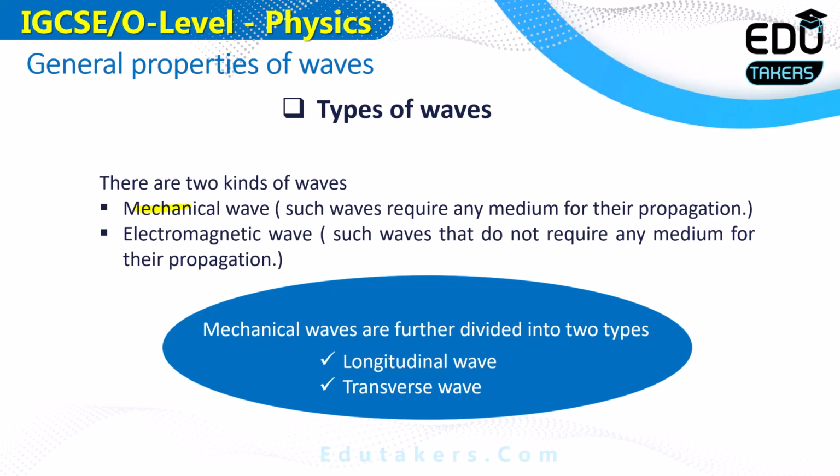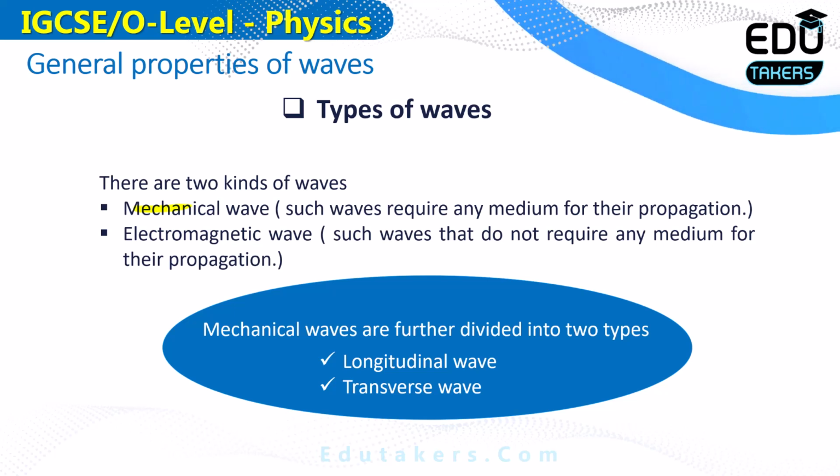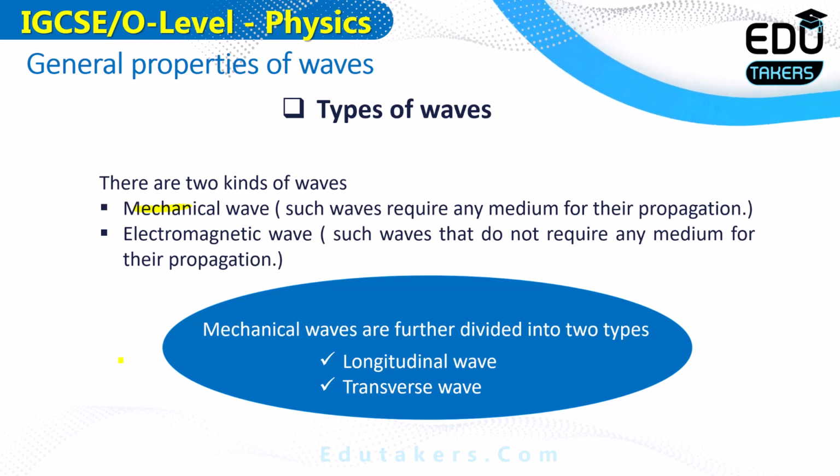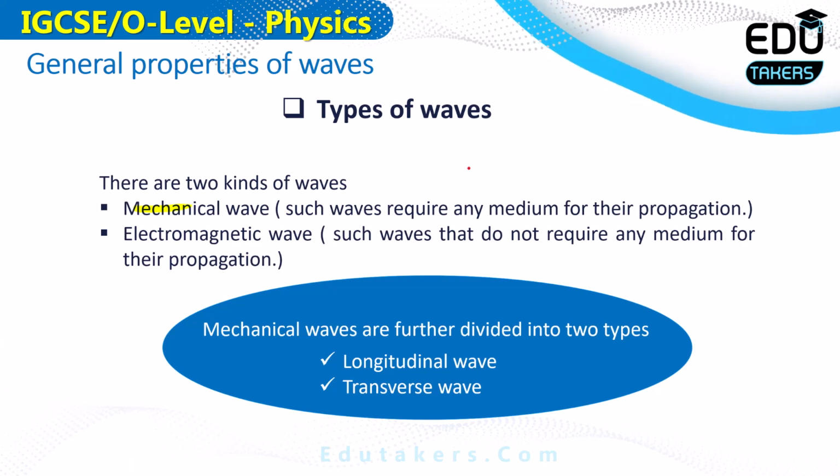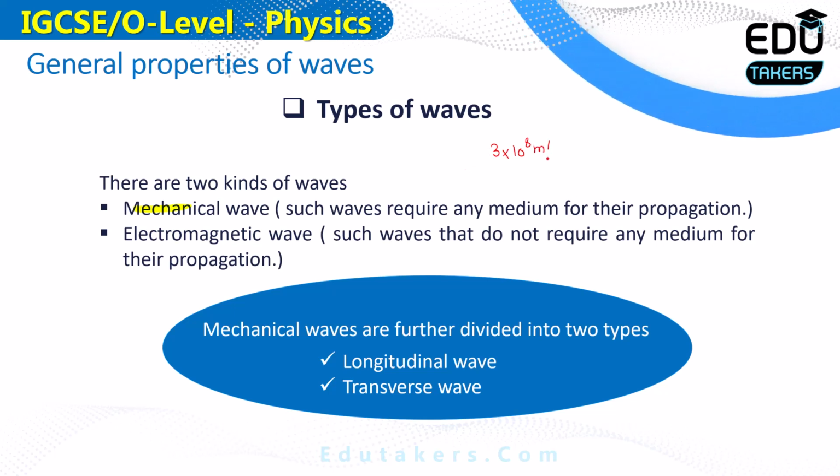So all waves that do not require a medium for their propagation are called electromagnetic waves, and all electromagnetic waves move with the same speed. The speed of electromagnetic waves equals the speed of light, which is 3 × 10⁸ meters per second. For all electromagnetic waves, the speed remains the same.